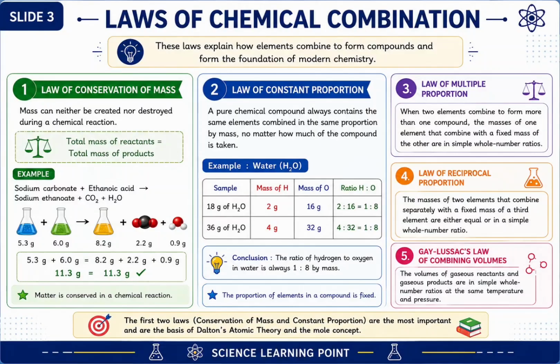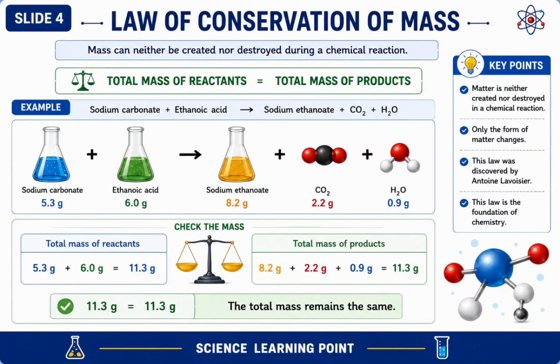Think about a recipe. If you want to make the same recipe every time, you need the ingredients in the correct proportion. Chemistry works in a similar organized way. Something similar happens during a chemical reaction. The atoms are rearranged to make a new substance. The total mass remains the same.